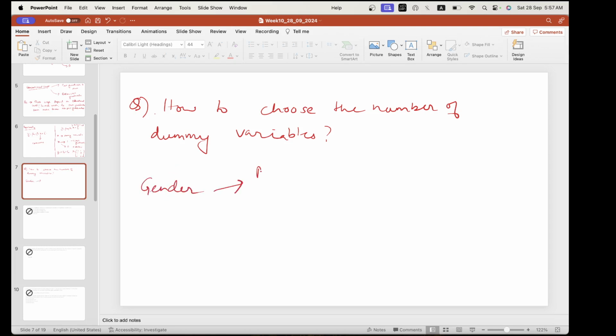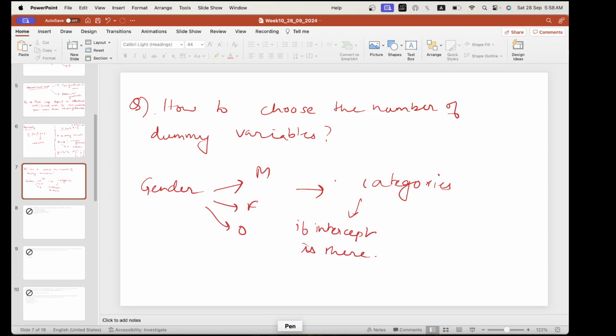If we consider male, female and others, then we have three categories. So when we have three categories, if intercept term is there, then if we have m categories, then we should include m-1 dummies.